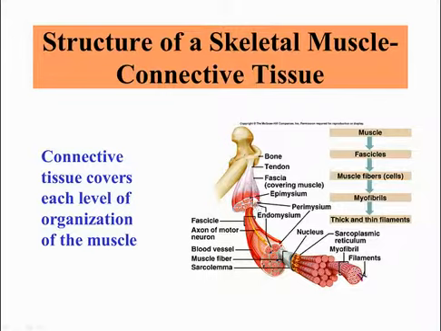Now, that fascia gives rise to the other connective tissue that covers different parts that you're not going to be responsible for, but I'm going to go over this real quick so maybe you'll understand what this drawing is all about. The muscle as a whole is covered with fascia connective tissue, and then each muscle has thousands of fibers all the way down here, filaments.